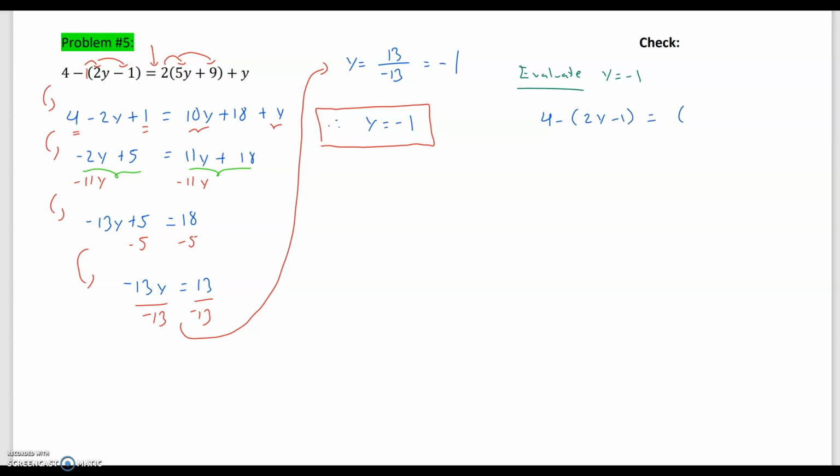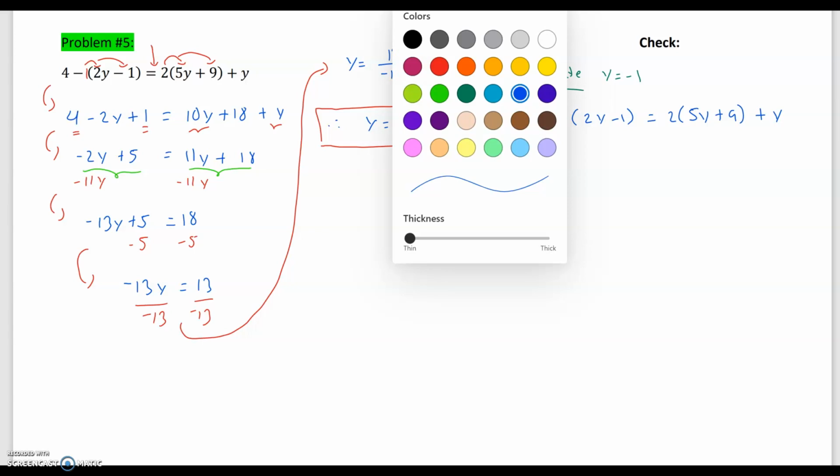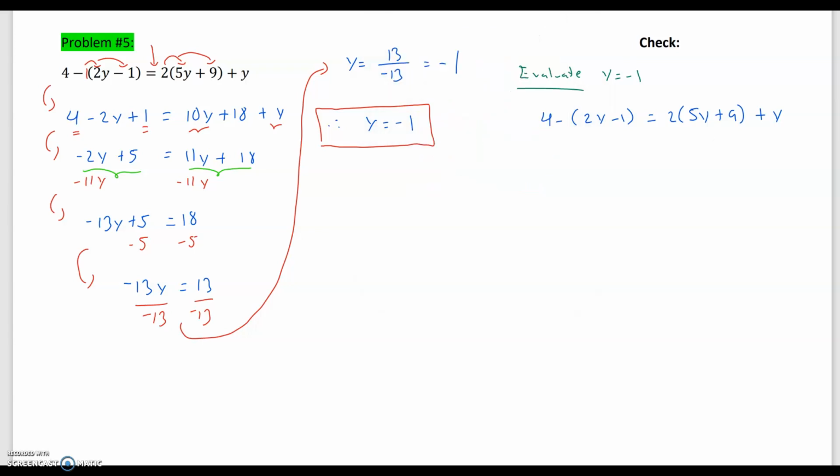Whoops, it's 2 times 5y plus 9 plus y. So careful with the evaluation because it has to go into multiple places.